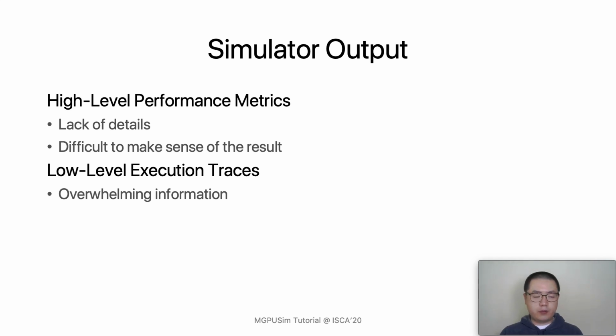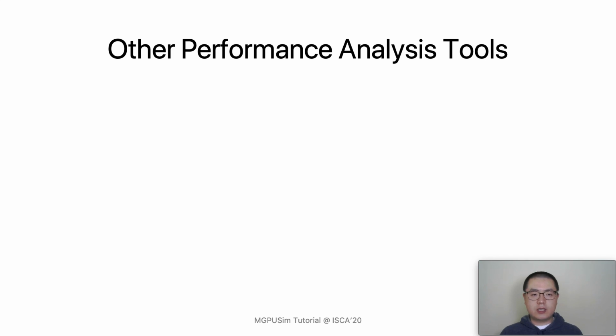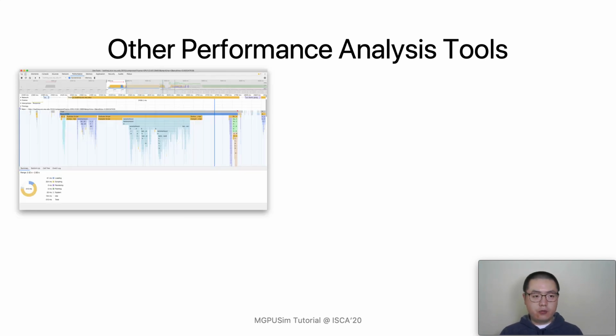To solve this problem, there are some performance analysis tools or visualization tools available nowadays. Let's see what types of visualization tools are available. First of all, this is a screenshot from the Chrome browser. In a Chrome browser or any type of CPU performance analysis tool, you can see this type of flame diagram or icicle diagram.